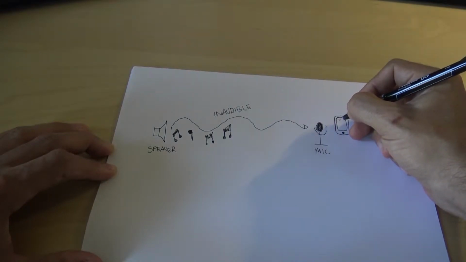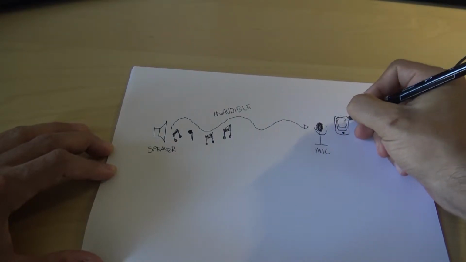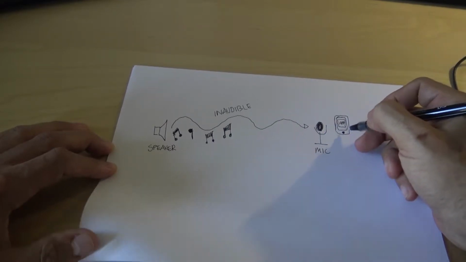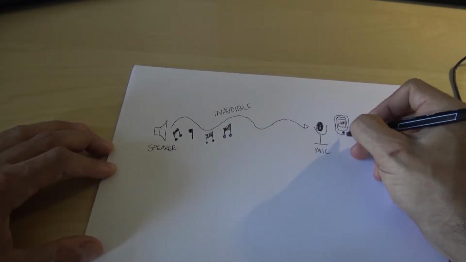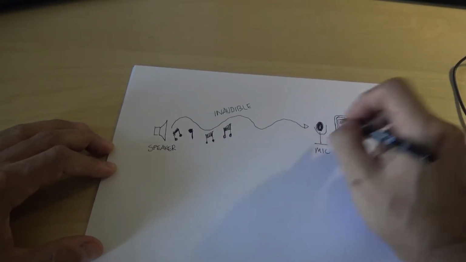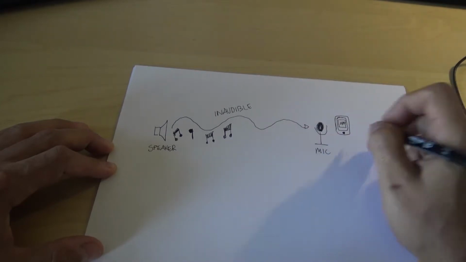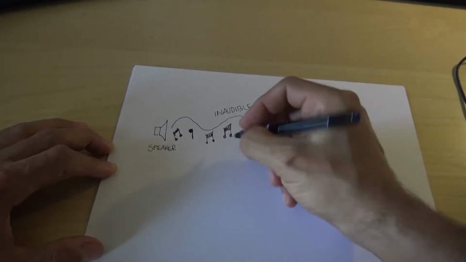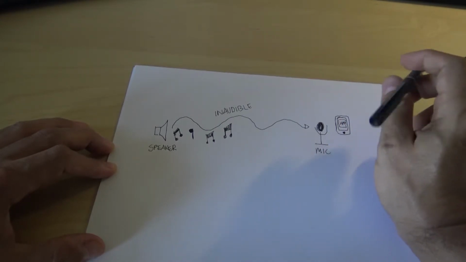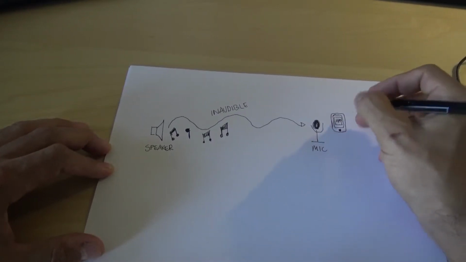And on the receiving side, you have some kind of application that's listening. This application on this mobile device is capturing audio from the microphone and analyzing the audio that comes in. When it detects this inaudible data signal, it transforms that data signal into content.